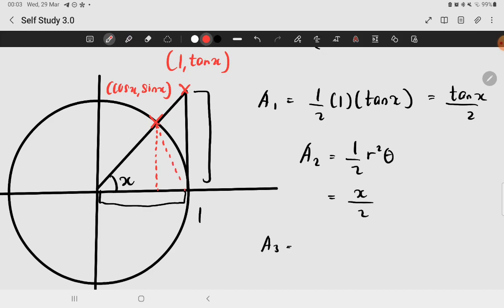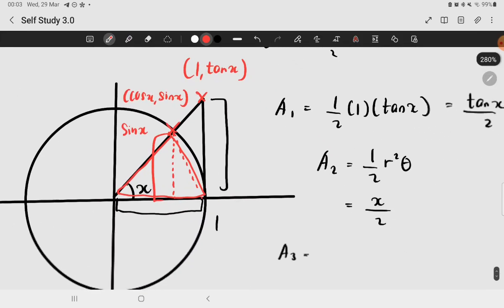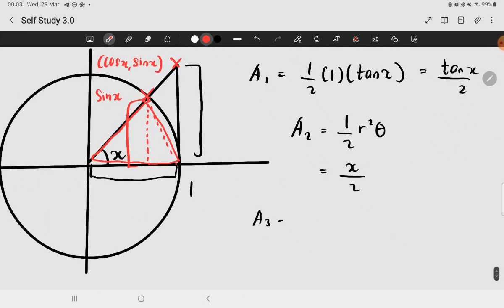So when you realize this is a triangle and the height of it is sine of x and the base will be 1 like this. Therefore, the area will be 1 over 2 times sine of x times 1. And we will obtain the final one will be sine of x over 2.